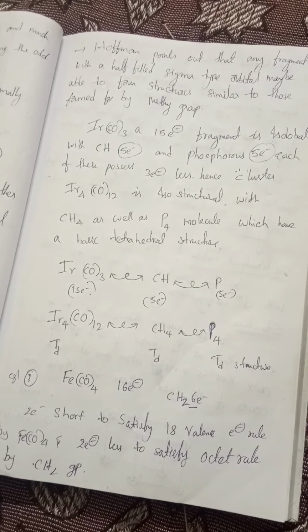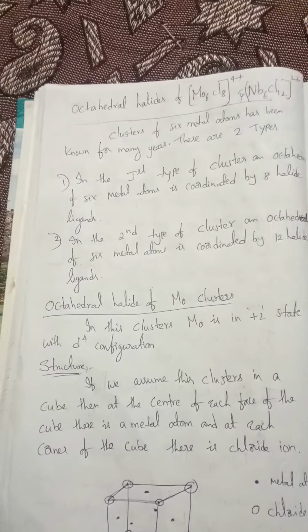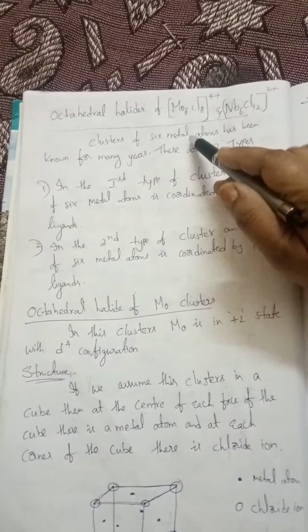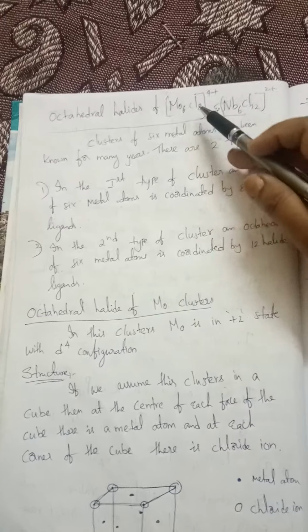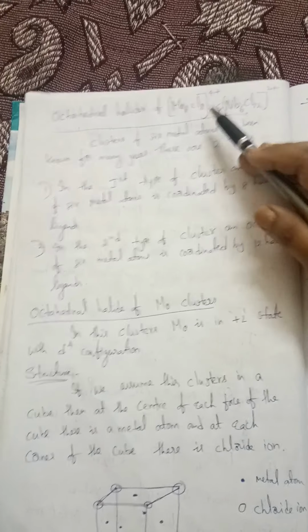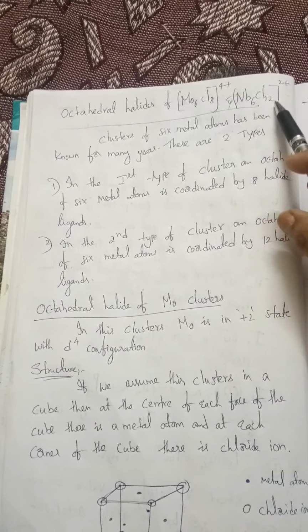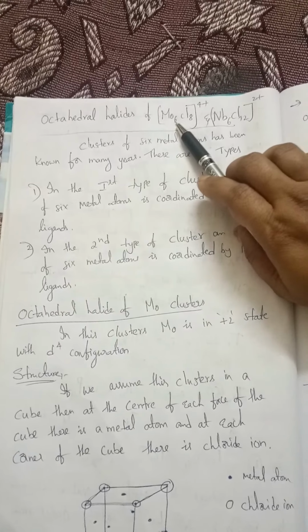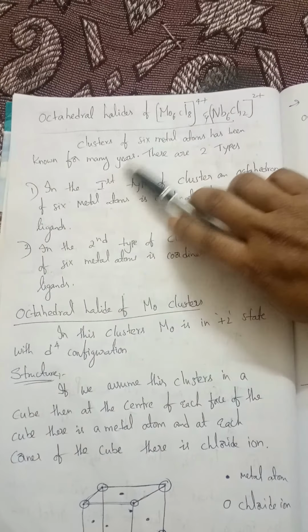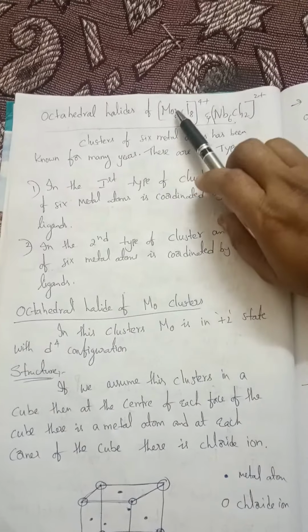The next concept: in the classes we already discussed the octahedral clusters of molybdenum, Mo6Cl8 4+, and niobium, Nb6Cl12 2+. First we discuss molybdenum. How many metal atoms are there in these two clusters? 6 metal atoms.